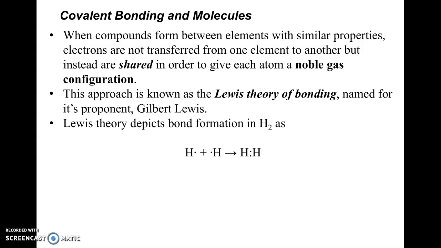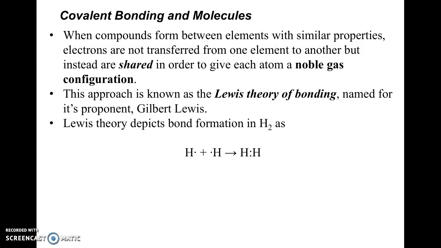And so for H2, which is hydrogen gas, it is something that is in our air. We can produce hydrogen gas from water. It's very common. We have two hydrogen atoms that each have one electron in the 1s orbital.